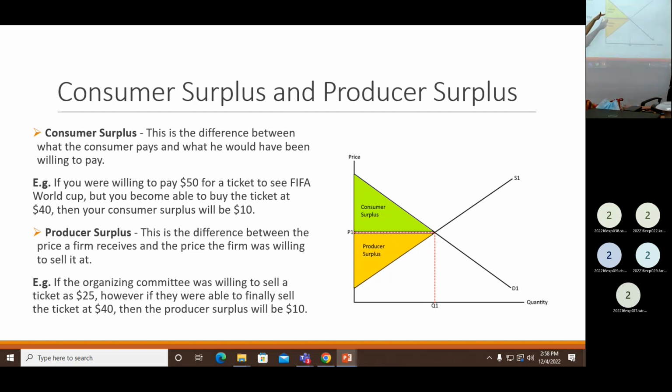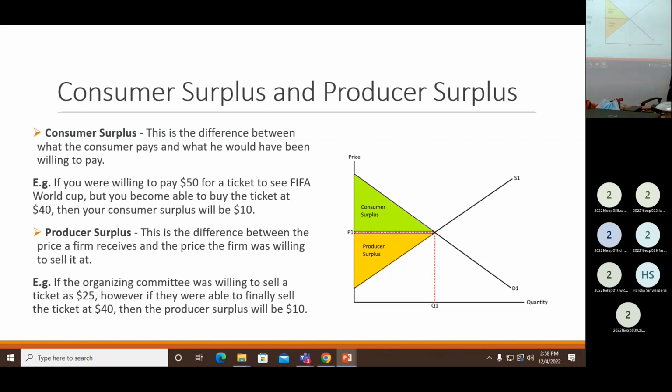So there's a difference, or rather the saving on the price you pay. That is called consumer surplus. It's a benefit for the consumer. For example, since the FIFA World Cup is going on, let's assume you are willing to pay $50 to buy a ticket, but later you realize the market price for the ticket is, let's say, $40.